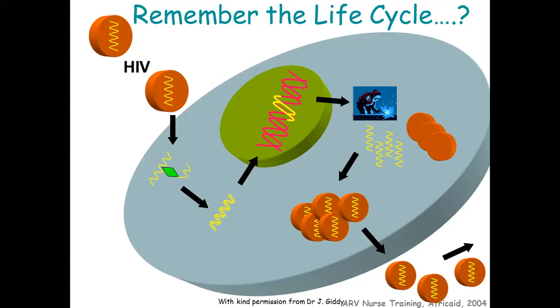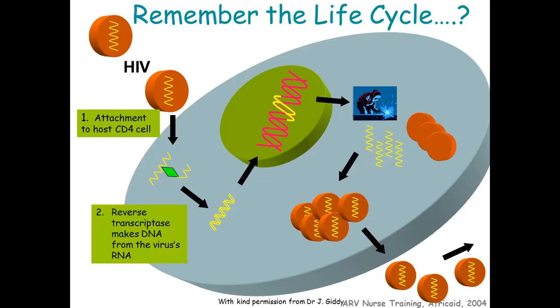Now, after getting incorporated, it produces progeny, meaning multiple copies of single-stranded RNAs, and then we can see that the whole structure gets assembled, and once they are assembled into single-stranded RNA viruses, they come out of the host cells and cause budding.